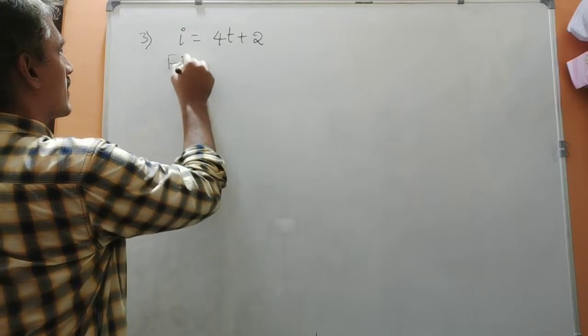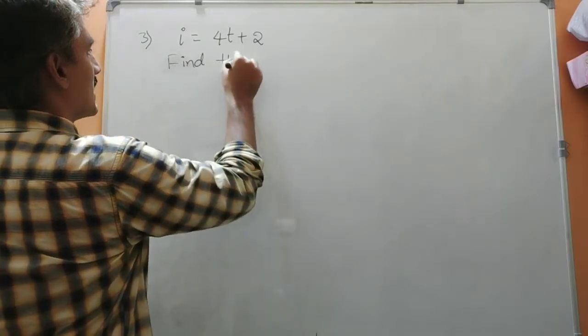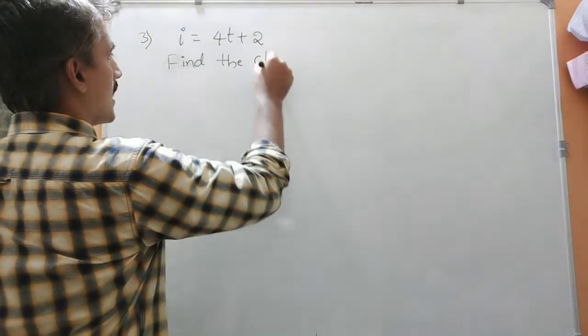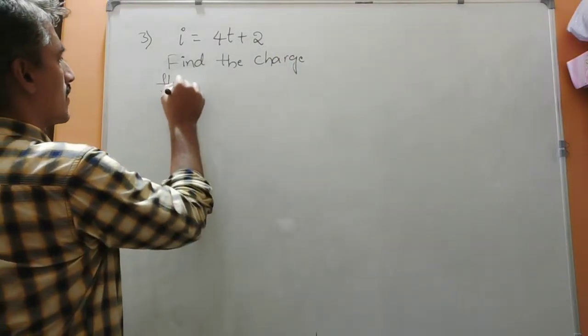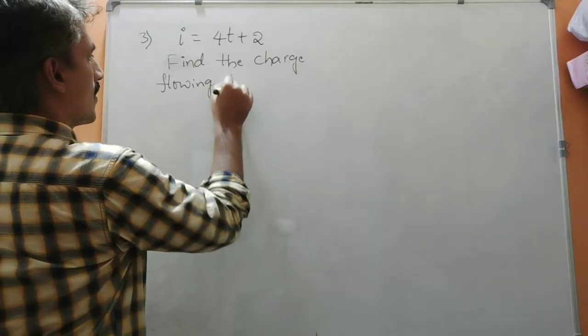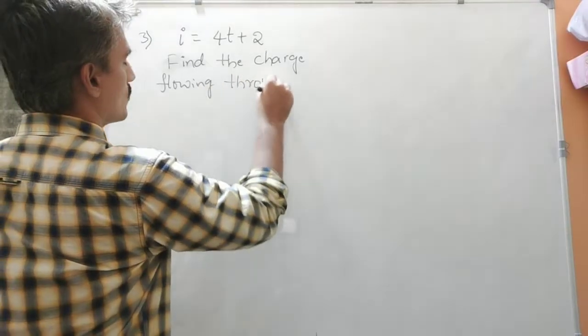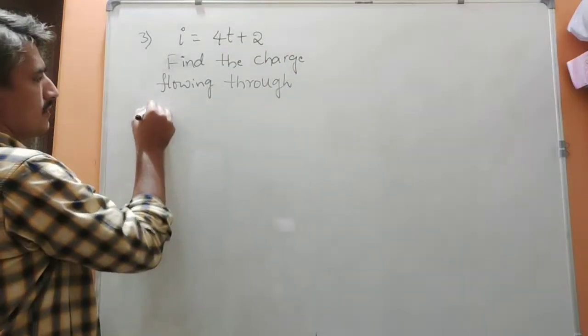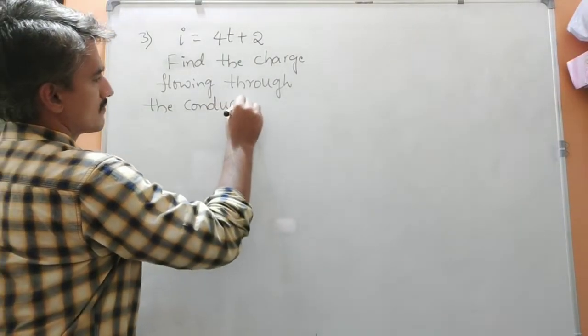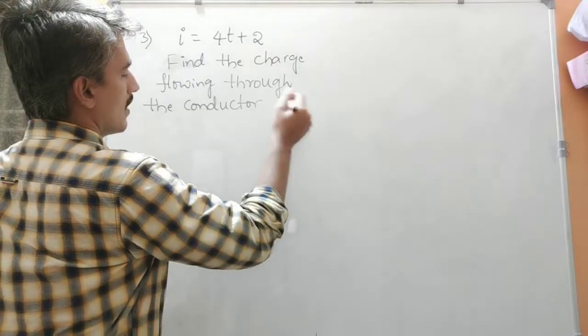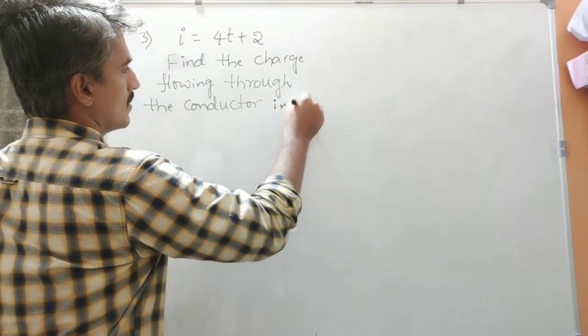Now, if this is the current flowing through the conductor, we need to find the charge flowing through the conductor in 2 seconds.